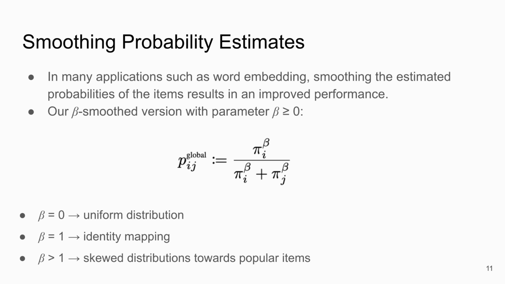In this framework, we apply such smoothing on the approximated global empiricals. Note that the net effect of such smoothing with the parameter beta is that the distribution of the global empiricals can change from uniform to identity, or even we can create skewed distributions toward more popular items.